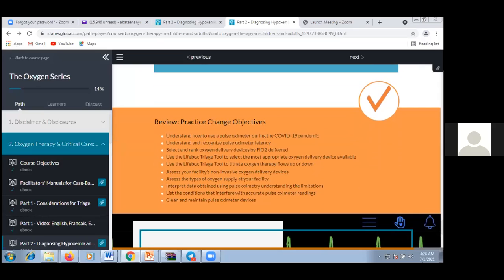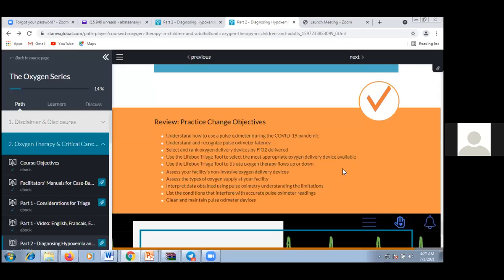Now we are about out of time, and we are about to finish our discussion. This was our practice change objective, and I think we addressed that well. Now I'm sure you have understood how to use pulse oximetry during the COVID-19 pandemic.